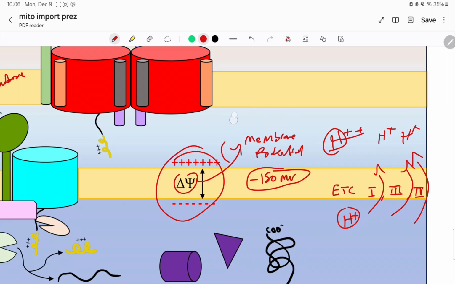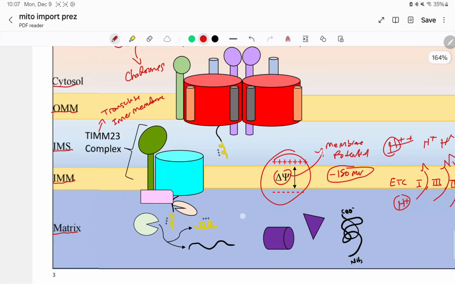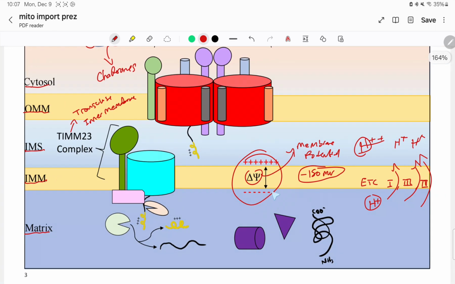But that might be a bit too advanced for today. Either way, when I pump all of these protons into the IMS, I'm making the IMS very positive and the matrix very negative. That's going to be very important. That's going to establish an electrical gradient. It's going to be important for pushing this protein inside to the matrix.